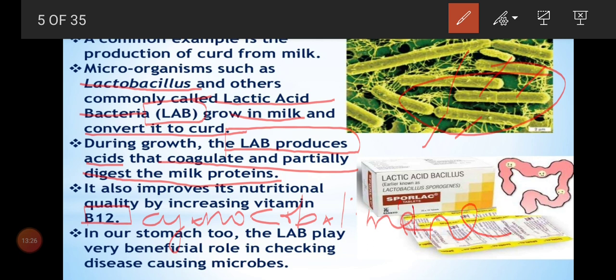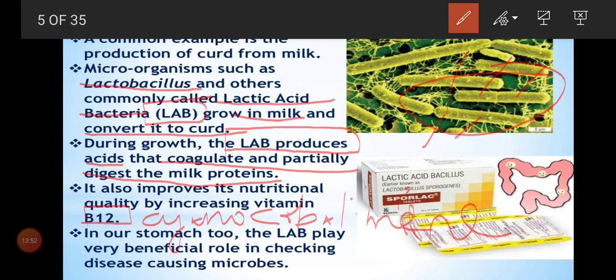You write and keep it: cyano, cyanocobalamin. Okay, and very, very important, curd contains curd protein. Apart from that, it contains very important vitamin B12. Okay, what is the other name for vitamin B12?